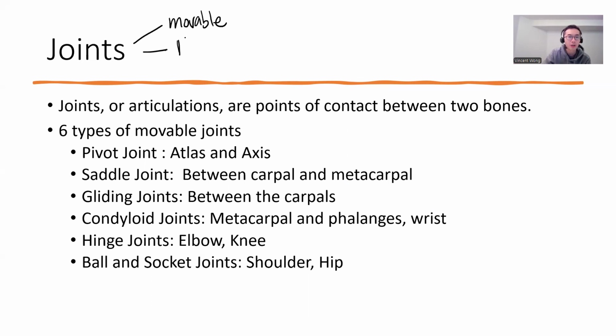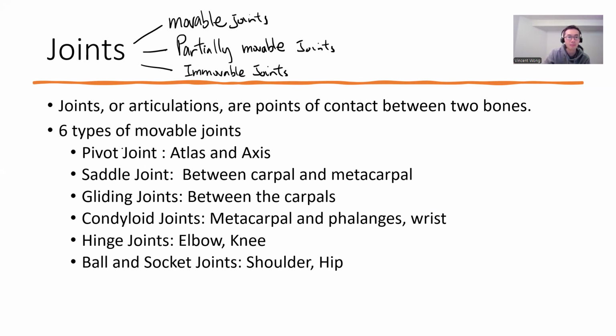We have partially movable, so not a lot of motion allowed, but you can move a little bit. I'll give you examples of that later. And we also have immovable joints, those don't move at all.